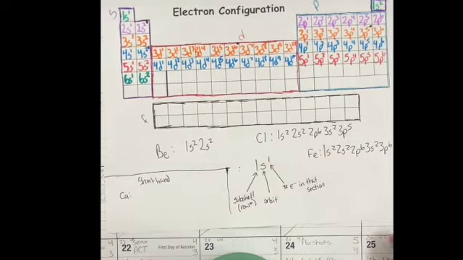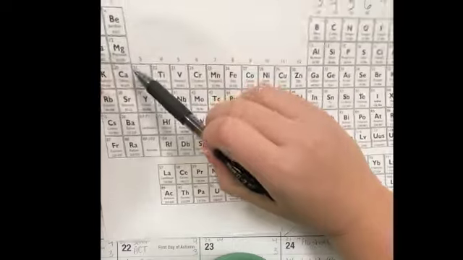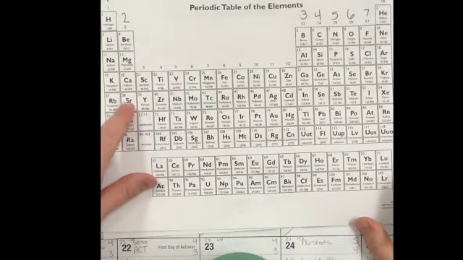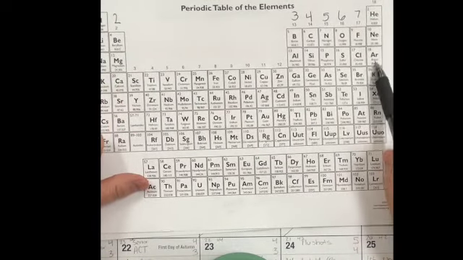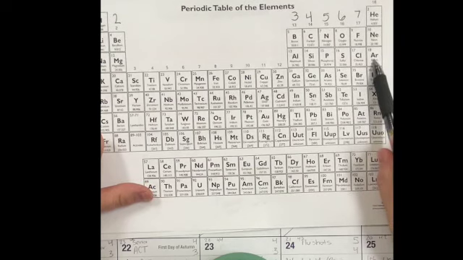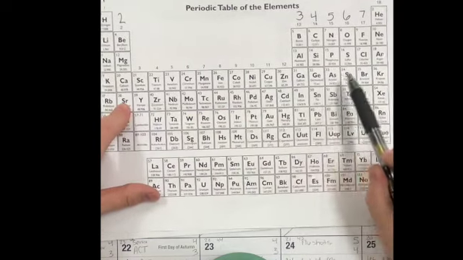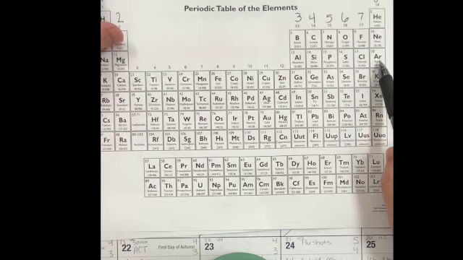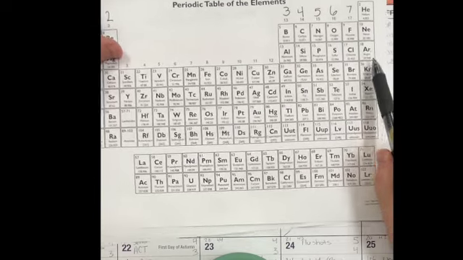So that's where we want to go. All right, so when you write the shorthand, you have your periodic table. You go backwards until you get to the last noble gas that you pass. So in this case, we go backwards. So Ar is the last noble gas that we pass.